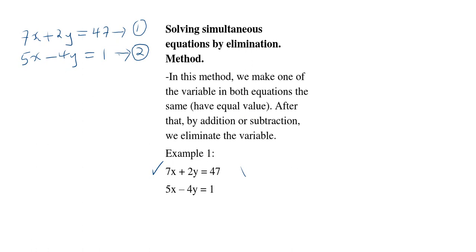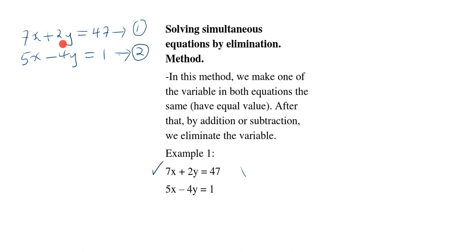So if we want to eliminate the variable y, you check what you can multiply with in 1 and also in 2, the value that you can multiply in equation 1 and also in equation 2 to get the values of y being equal.